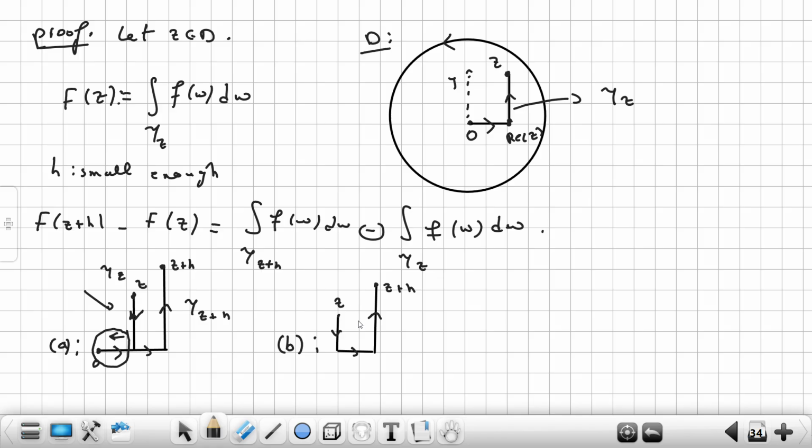Now you can complete this figure and add the following segments. I will add them in red.